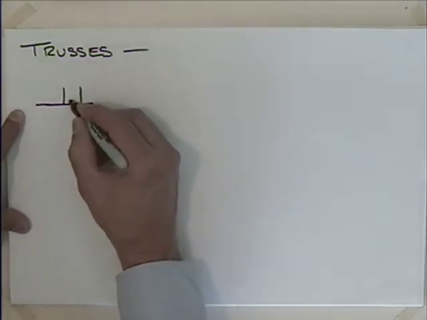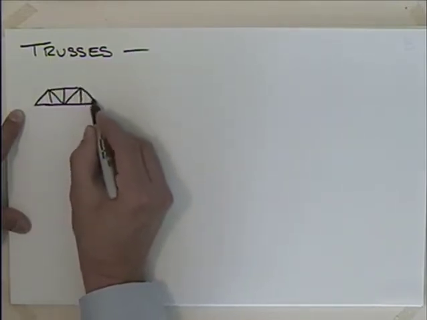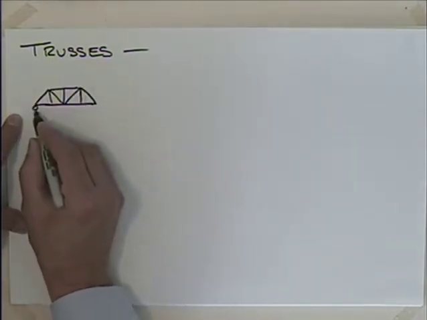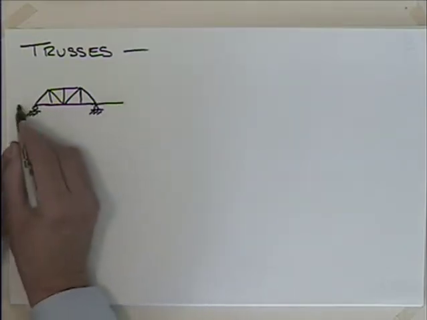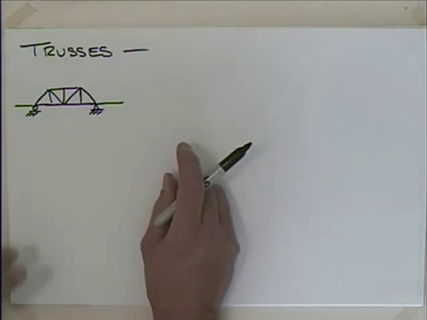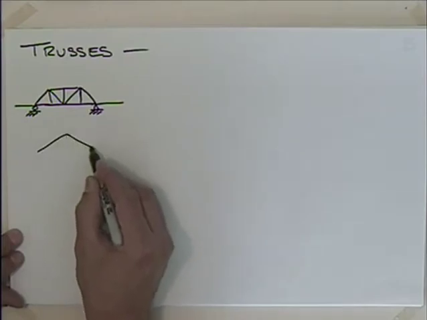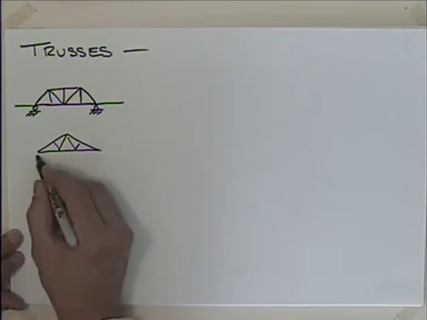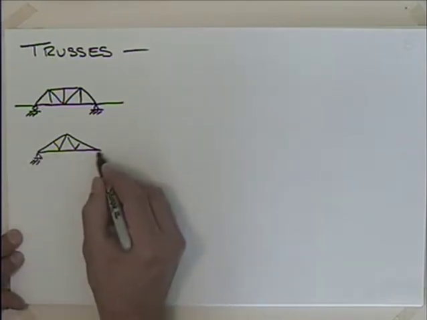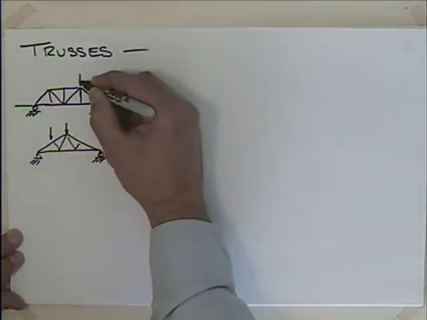You might have a truss like this that you would use to support, maybe a rail truss or a highway truss or something like that, or maybe you have something that looks like this that you use to support roof loads. All kinds of different possibilities for loads there.